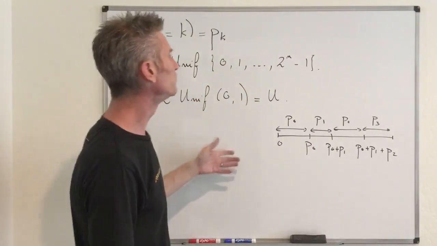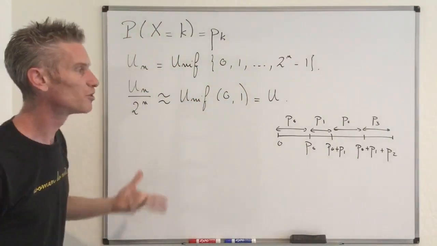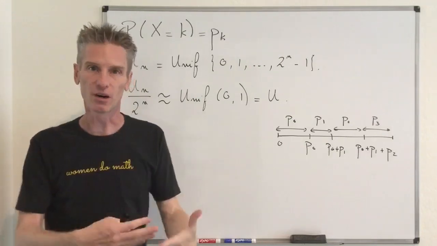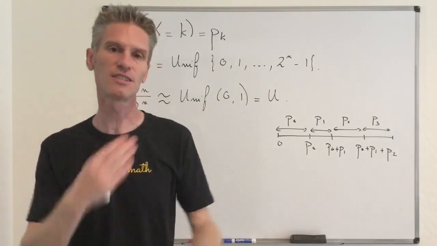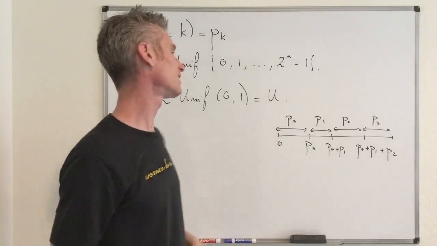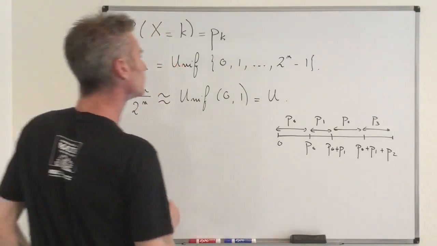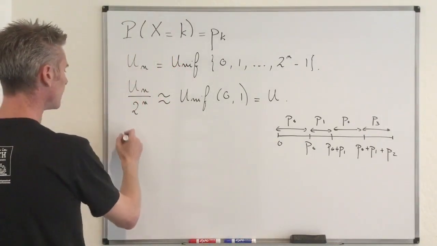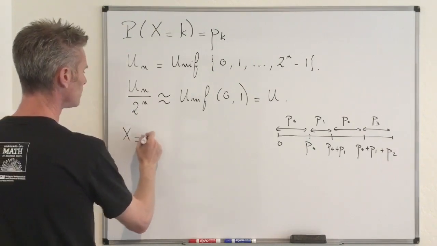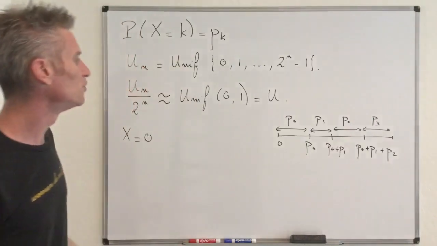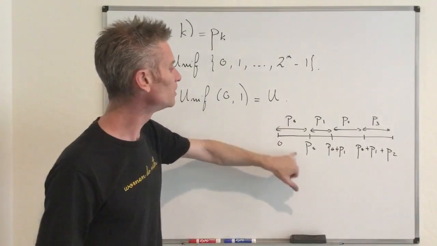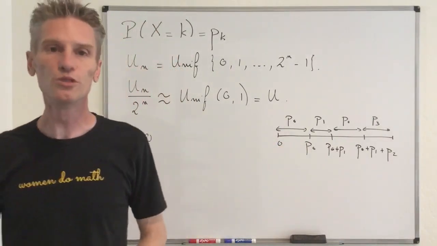Now, how can you do this using a computer? A computer doesn't really know what an indicator function is, so the way you can translate that more easily is the following. You start by assuming that x is equal to 0. Then you test whether u is less than or equal to p0.